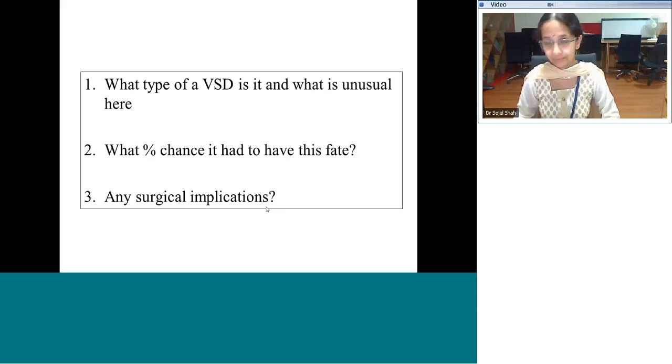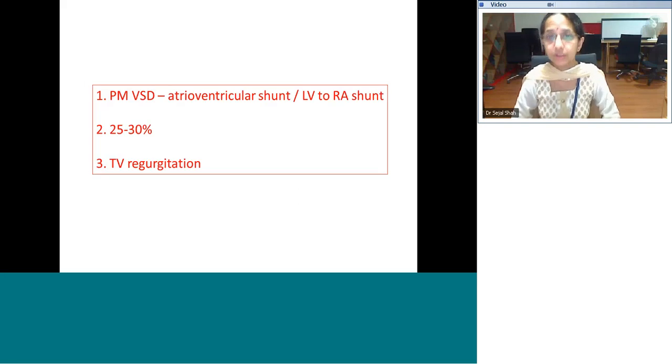Okay. So this is an atrioventricular shunt or an LV to RA shunt. And out of 10, every 2 or 3 membranous VSDs finally have the tricuspid valve tissue closing it like this and causing an LV to RA shunt. And I agree that it's from high pressure to a low pressure setting, so it has to flow obligatorily.